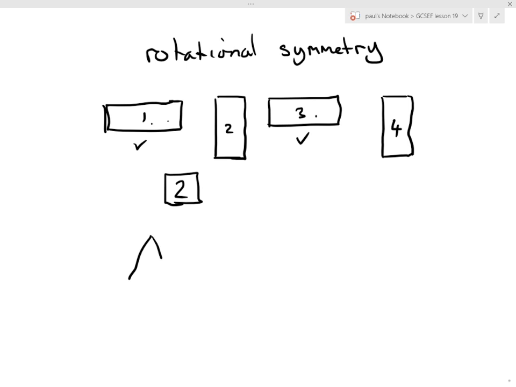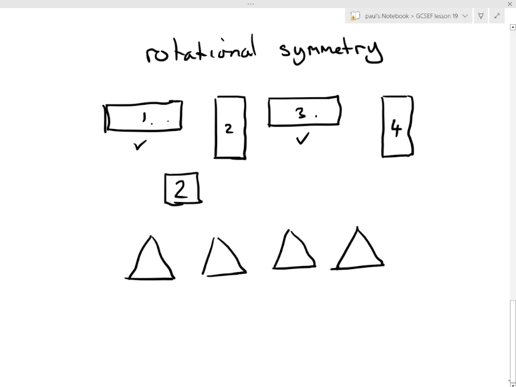If we have a triangle, as long as it's an equilateral triangle, we can spin it a third of the way around so that it still looks like that, and again like that, and again back to the beginning. So if I do a little mark on the bottom and call that shape number one, spin it round, the mark moves around there, so that's 2, spin it round, so that's 3, and spin it round again, so that's 4.